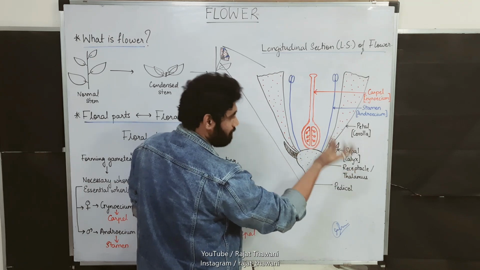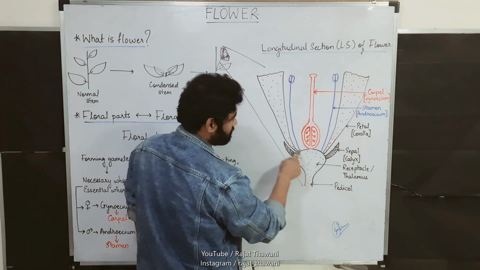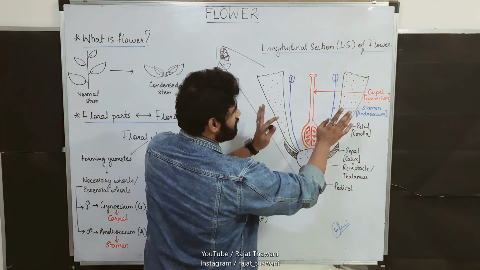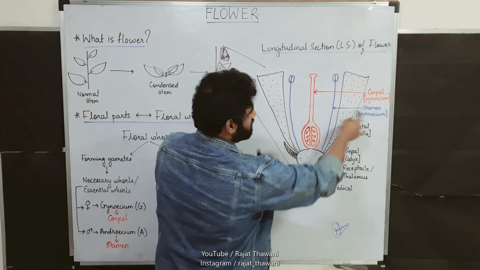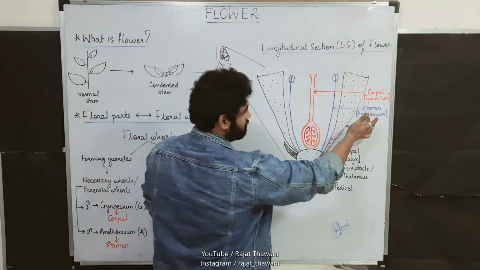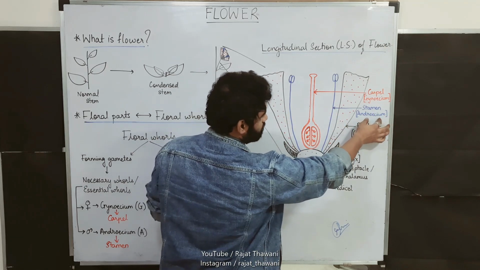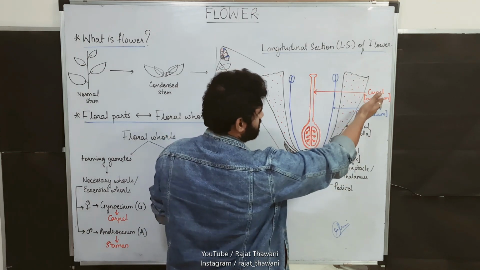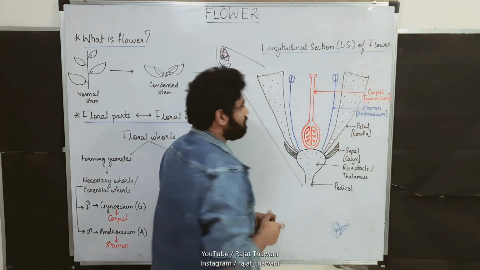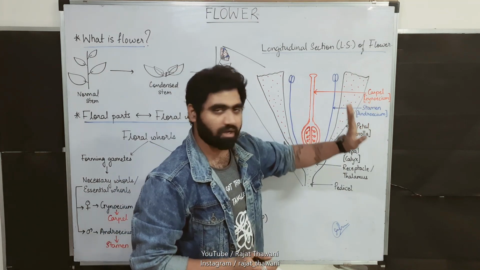Its complete set is called calyx. Inner to that you can see the presence of petals, that is corolla. Then inner to that you can see stamens, a reproductive part called androecium. The whole set is called androecium. The innermost part is the female reproductive part, independently called carpel, or gynoecium.